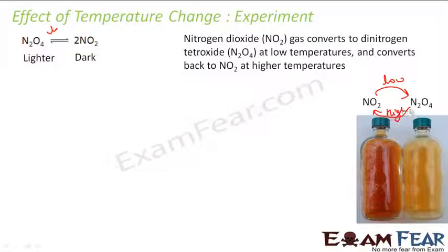This is how the reaction happens. N2O4, you give high temperature, it becomes NO2. NO2, you give low temperature, it becomes N2O4. This is what happens as per temperature change.